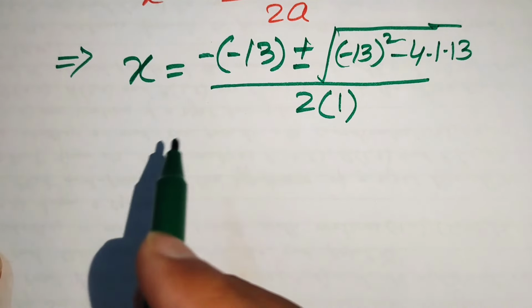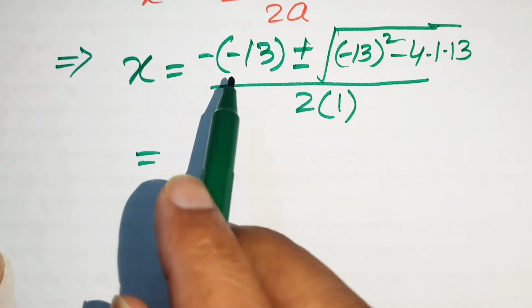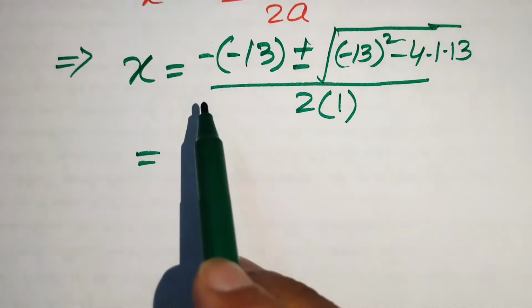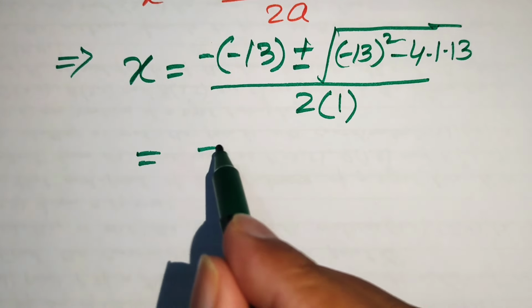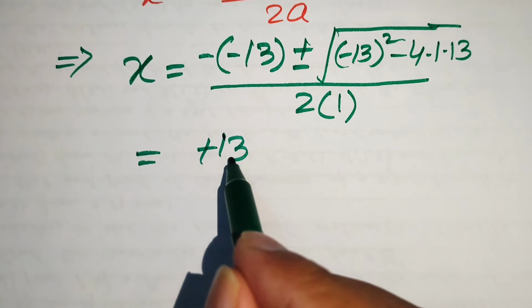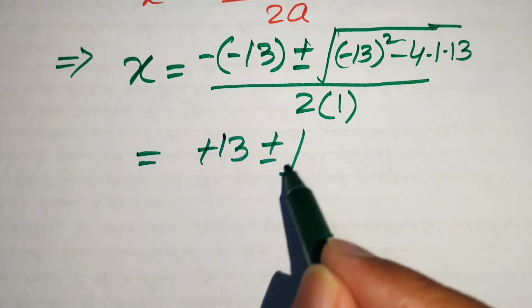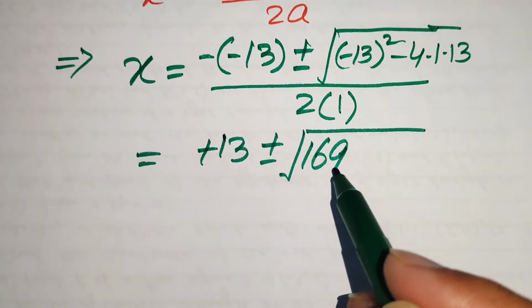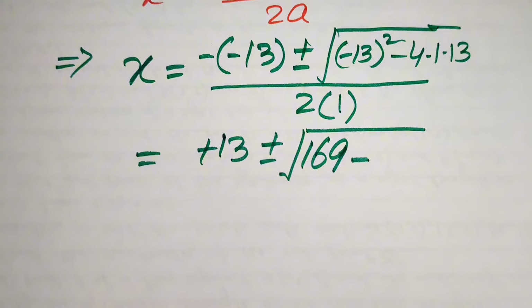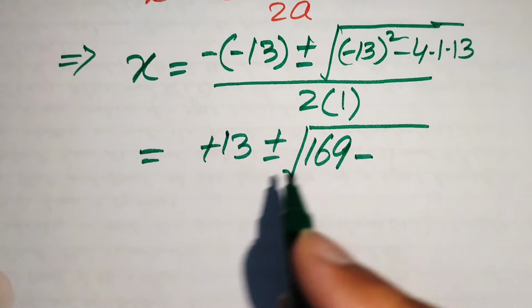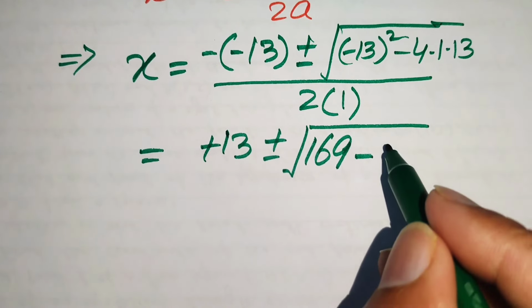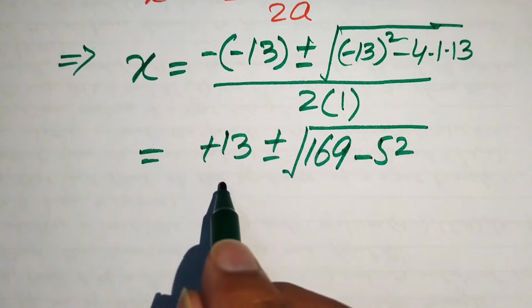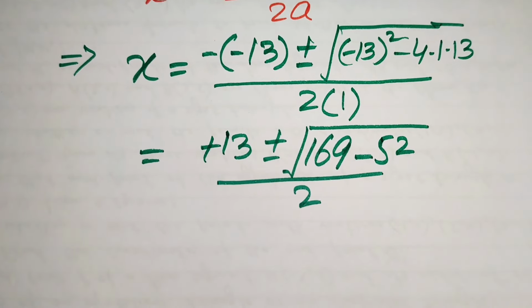Now in the next step, we need to simplify the equation. This minus is multiplied by this minus, and we get plus 13 plus minus square root of 13 square, which equals 169, minus 4 times 13, which equals 52, and it is divided by 2.